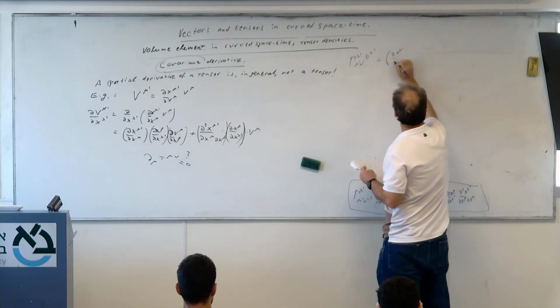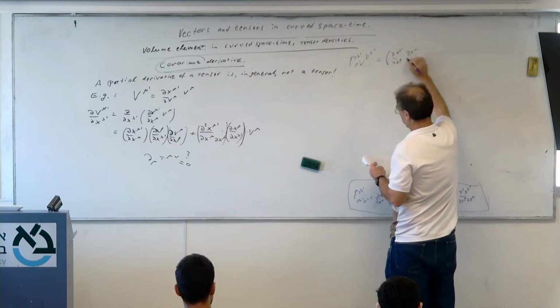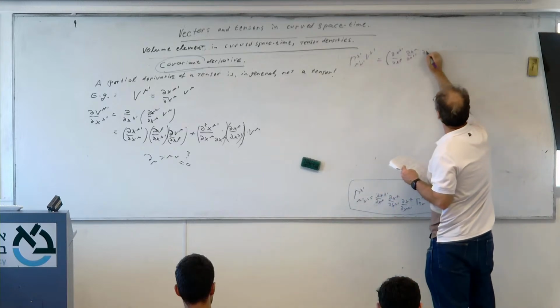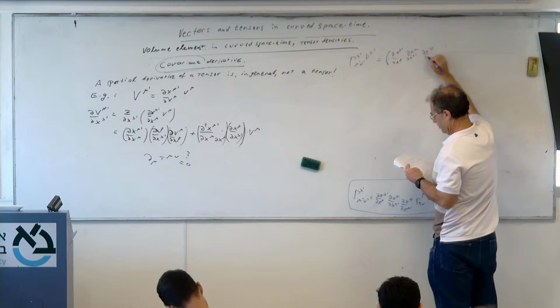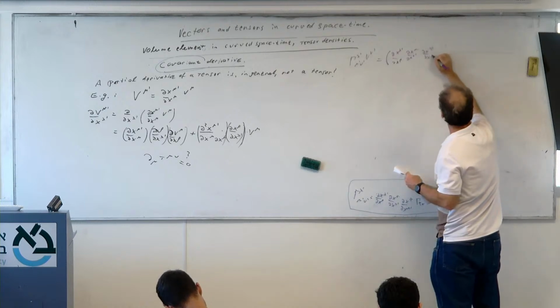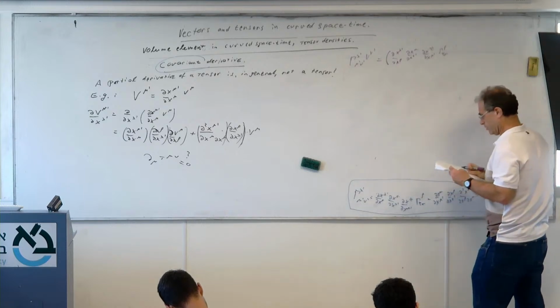dx lambda prime over dx rho, dx sigma over dx mu prime, dx tau over dx mu prime, gamma rho tau sigma, basically just copy that, right?